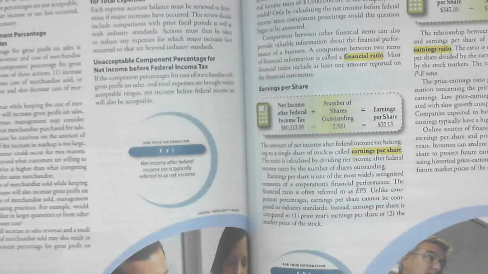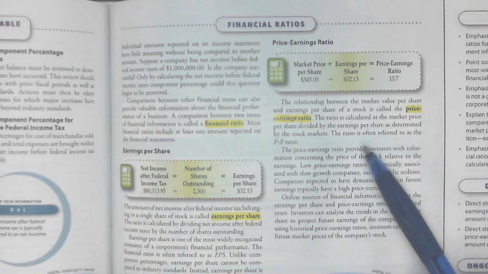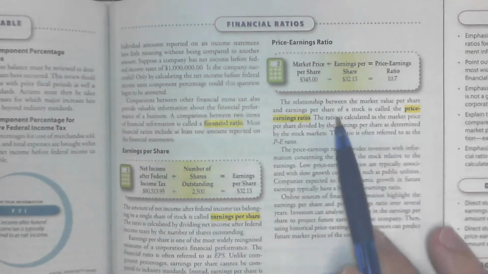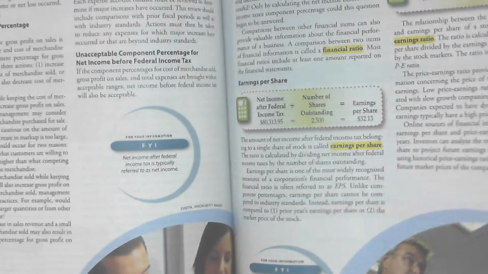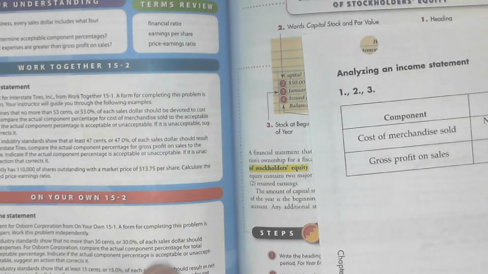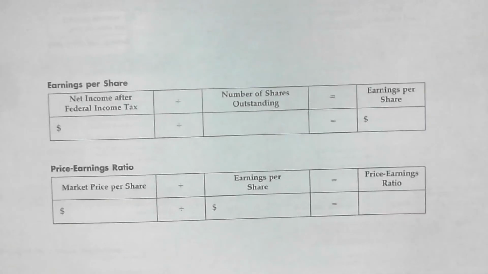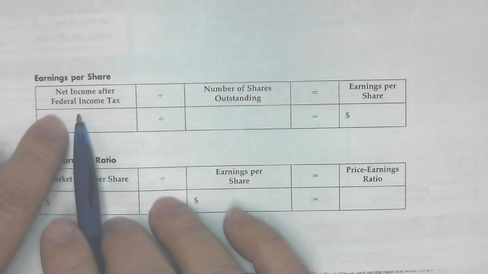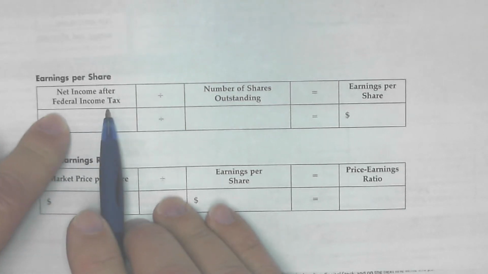So if you go back a page to 459, it's got the formulas on here for what you've got to do to calculate that out. But what we're going to do, so we've got our table, earnings per share. Our first one, net income after federal tax.